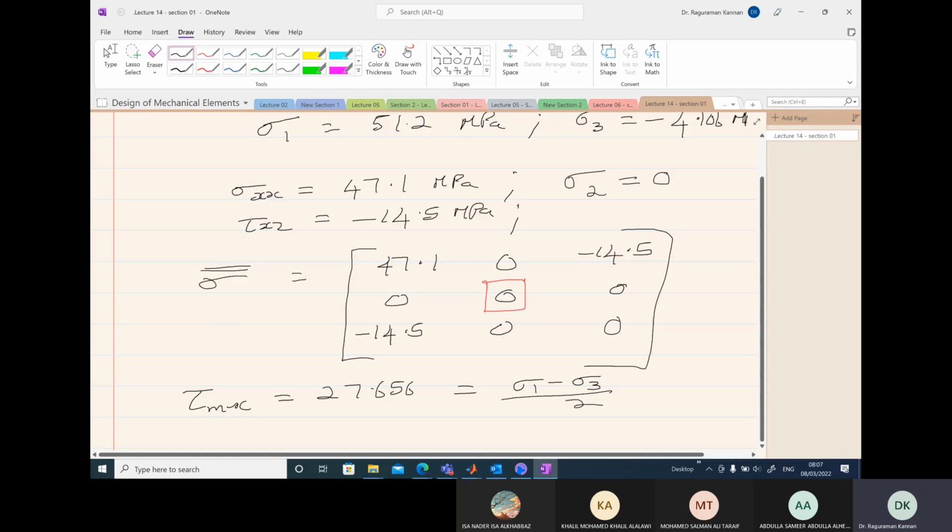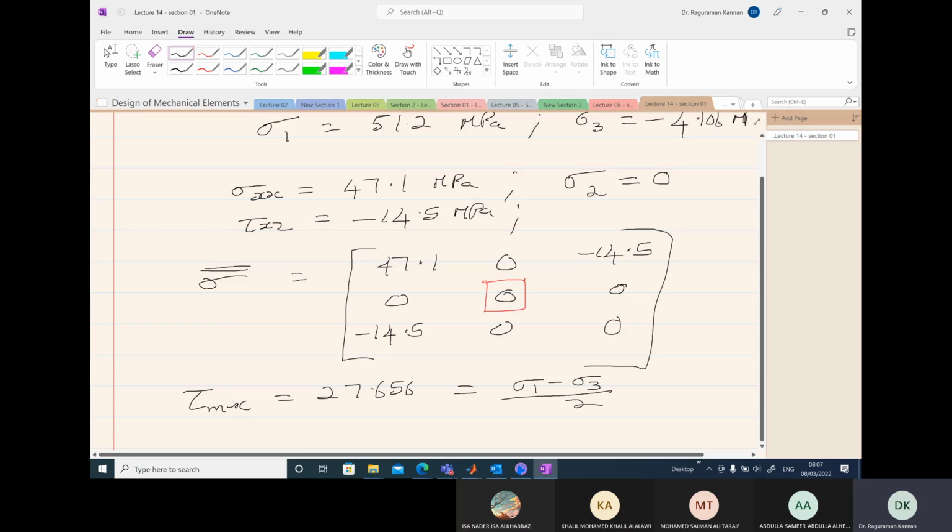Okay, so add these two quantities up. Sigma 1 minus 3 will become 51.2 plus 4.106. So you are going to get some value 55 something, and finally you will have the value 27.656.